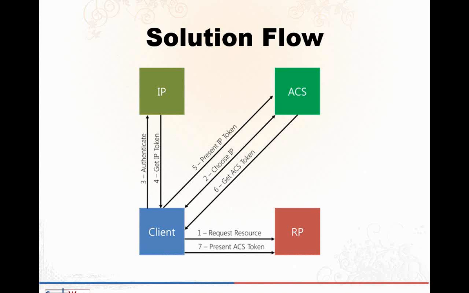How does this flow work? The client is trying to access the relying party application, which is nothing but our application. So the client is trying to access our custom web application. Then the RP redirects the client to ACS, because it is ACS that challenges the client to prove its identity.